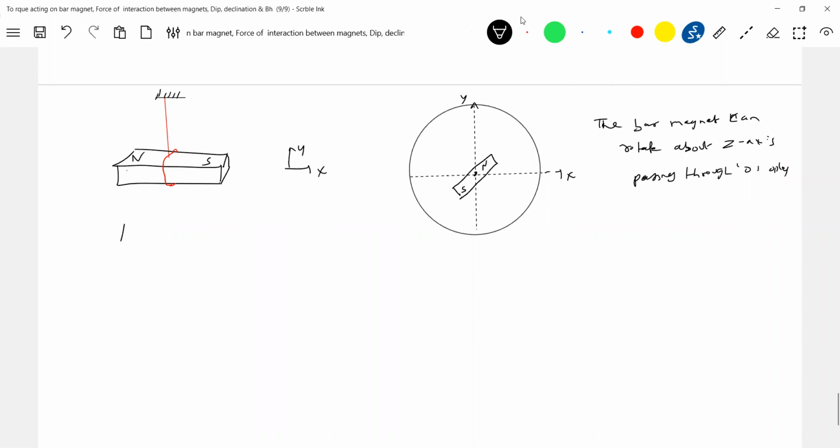Here, the freely suspended bar magnet can rotate about the Y axis only, or about the string.